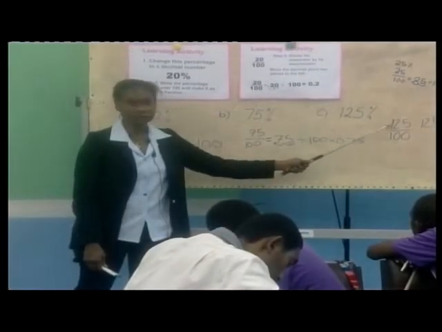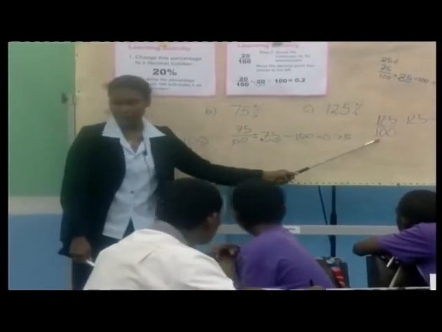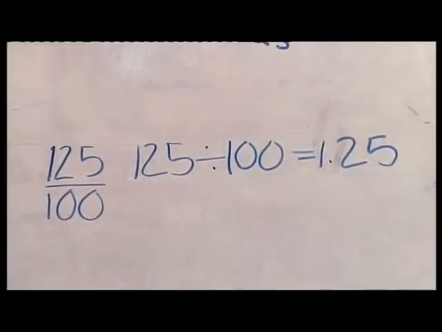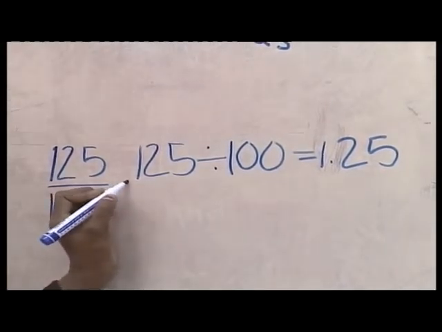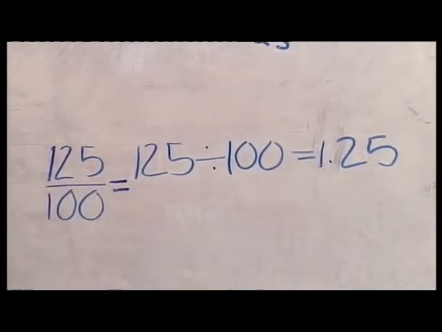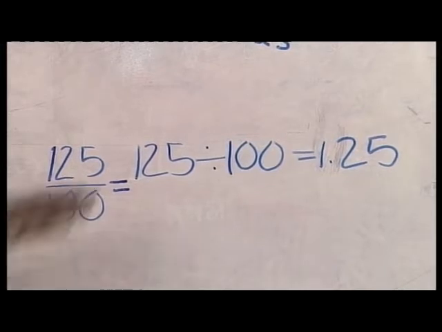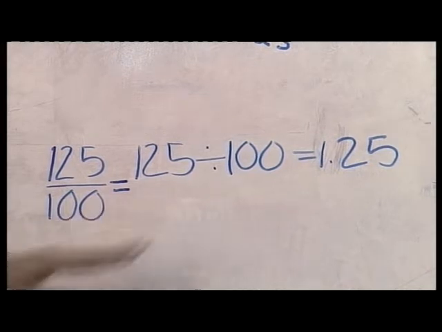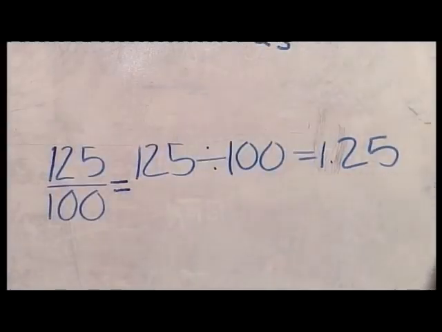And the last one, 125%. Thank you, Joe. 125% over 100. Again, what is missing there? Equal sign. Make sure, Joe, next time you move this working out further down in line with the equal sign. So we will do that for him. We have 125 divided by 100. Did you see how we moved this decimal point?